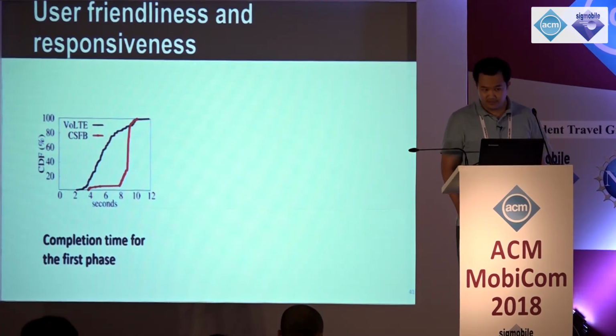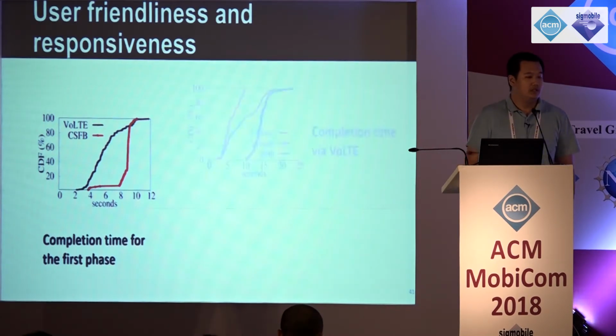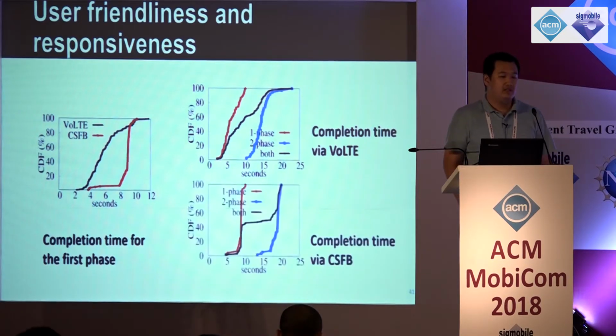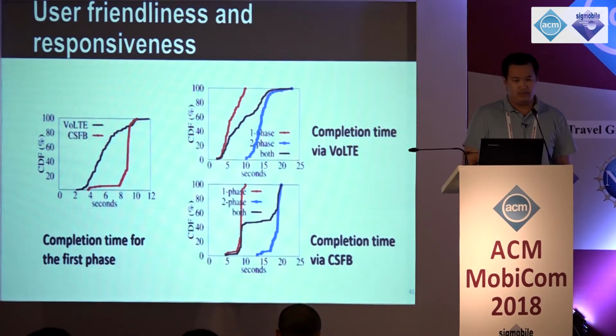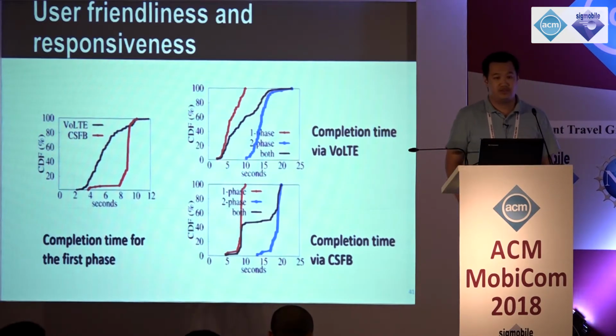This is because CS4 backhaul usually takes longer compared with voice over LTE. And if we consider 2 phases together, it takes about 16 seconds for voice over LTE, and for CS4 backhaul, it can finish within 19 seconds, no more than 23 seconds.